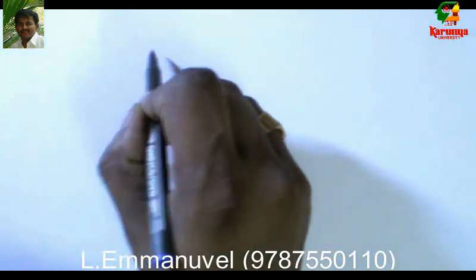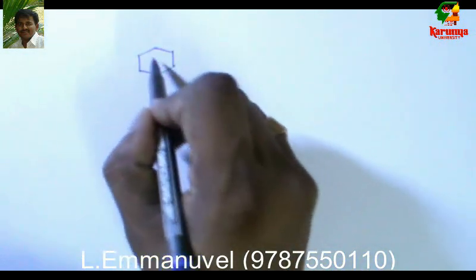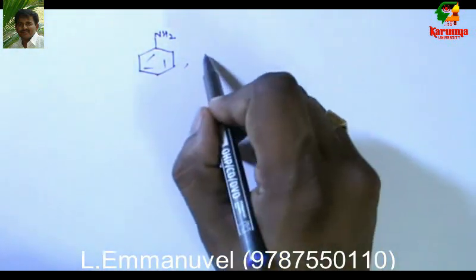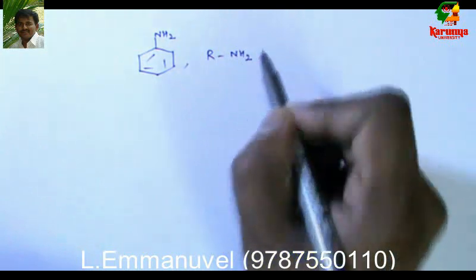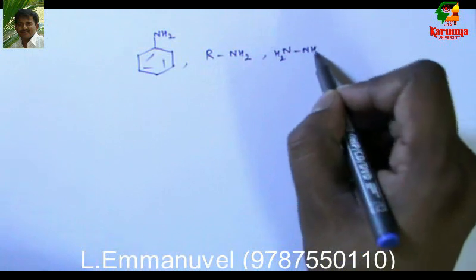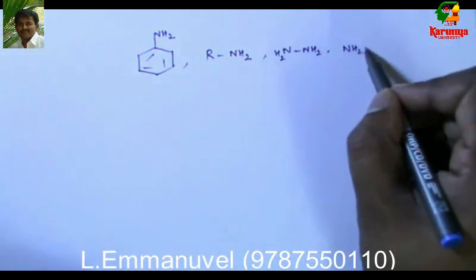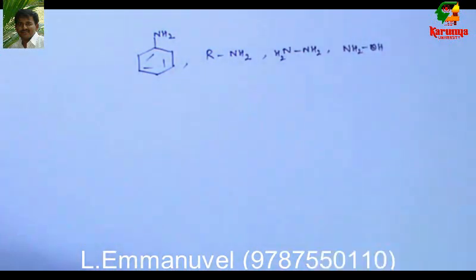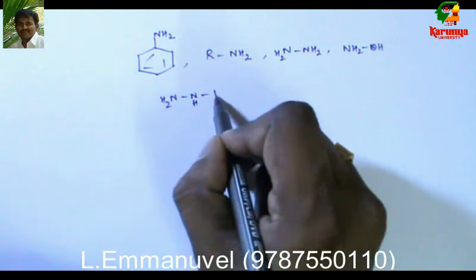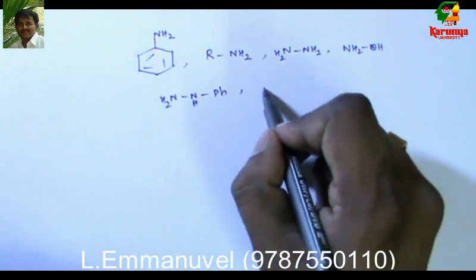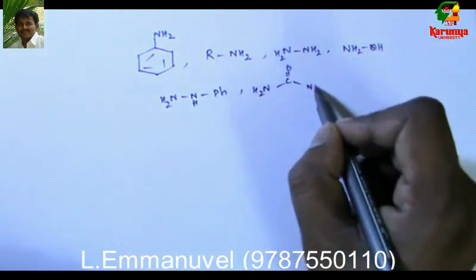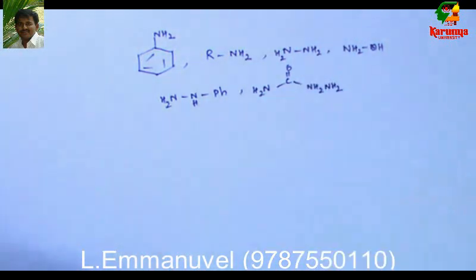There are several functional groups based on nitrogen. First one is aniline. It may be a simple alkyl amine. It may be hydrazine or hydroxylamine, phenylhydrazine, semicarbazide.